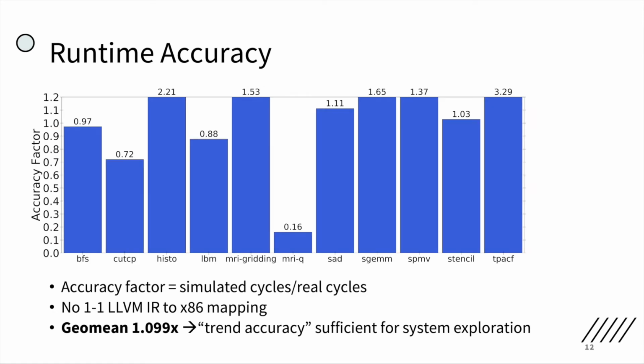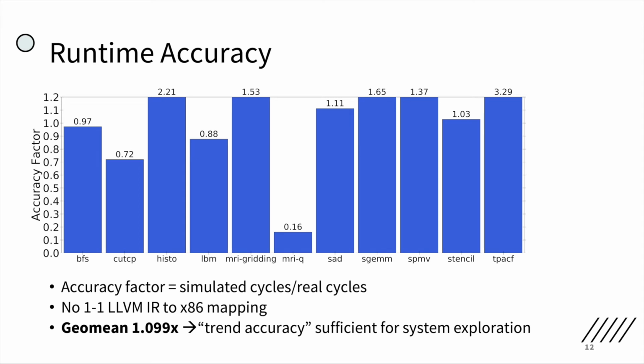Here are results for runtime accuracy. This graph shows runtime accuracy on the y-axis in comparison to that run on x86. Here, runtime accuracy is measured as simulated cycles divided by real cycles.